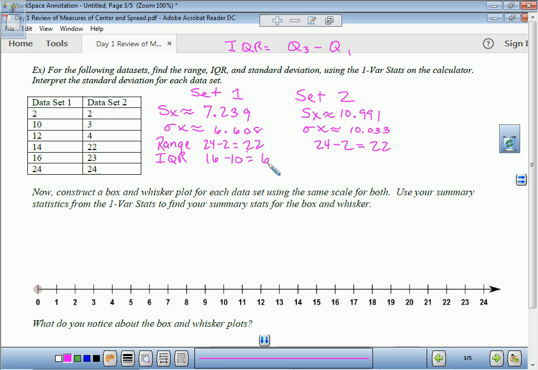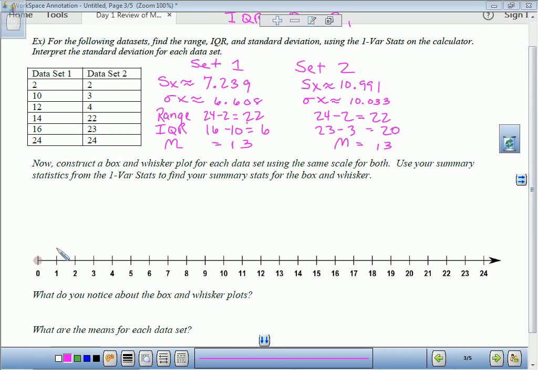That tells me that 50% of the data lies within 6 units of each other. For this one, Q3 is 23, Q1 is 3, so the IQR is 20. Do you see how much larger? That tells you about the spread of the data: most of the data is further apart. Now, the median of this data is 13, and this median is also 13.